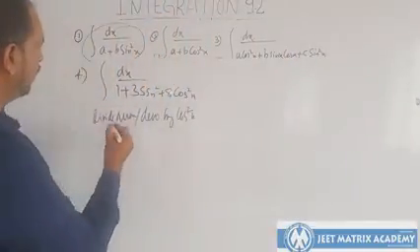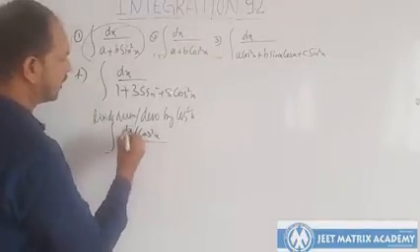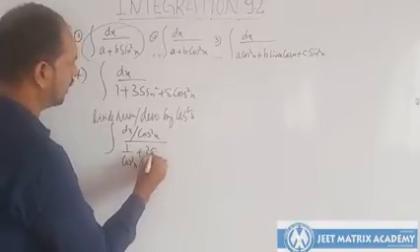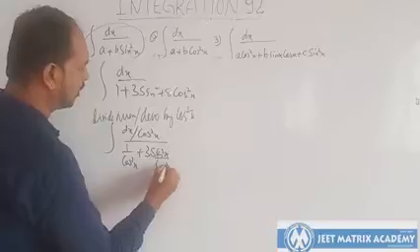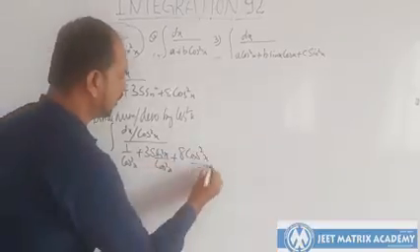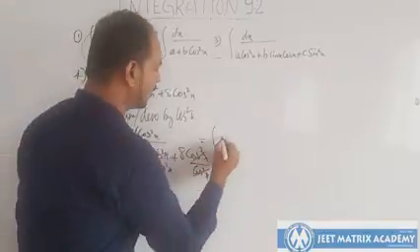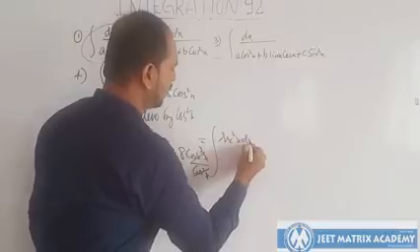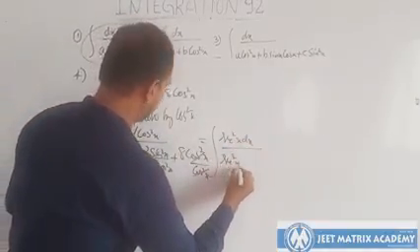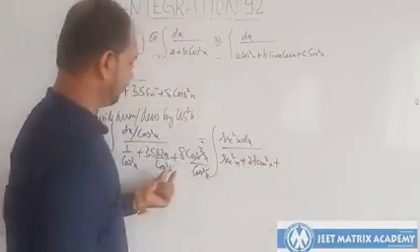So integration of dx divided by cos square x, over 1 by cos square x plus 3 sin square x by cos square x plus 8 cos square x divided by cos square x. This gets cancelled. The numerator becomes integration of sec square x dx, divided by sec square x plus 3 tan square x plus 8.